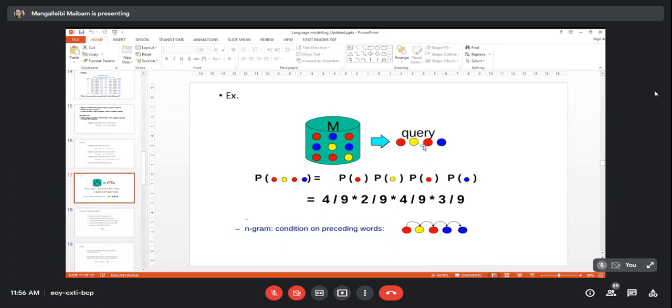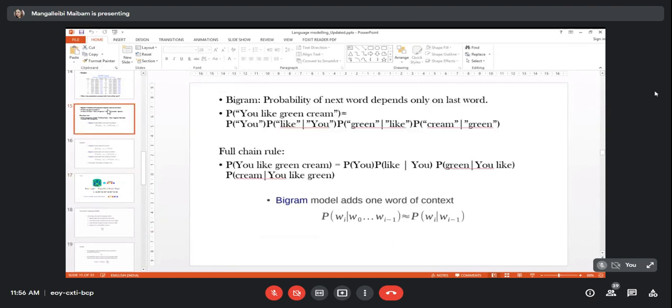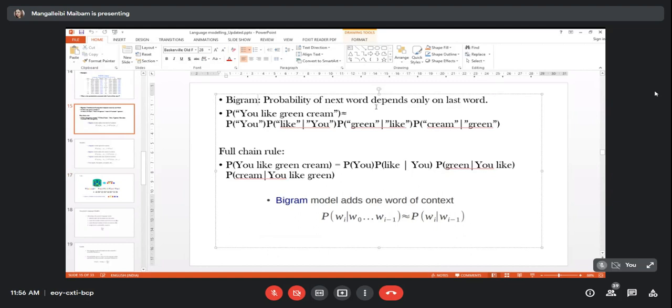So when this query is there, finding the probability for red, yellow, red, and blue, we have to multiply all these probability distribution values. So n-gram is nothing but conditioning on preceding words. As I explained here, for bigram, the condition is on the preceding term.